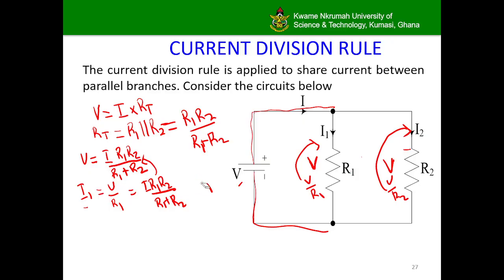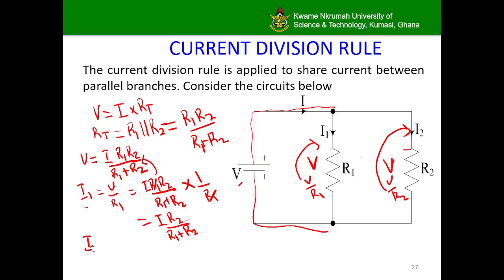This resolves to be times 1 over R1. R1 cancels R1, and so you have I R2 over R1 plus R2. So this is I1. Now let's apply the same logic for I2.